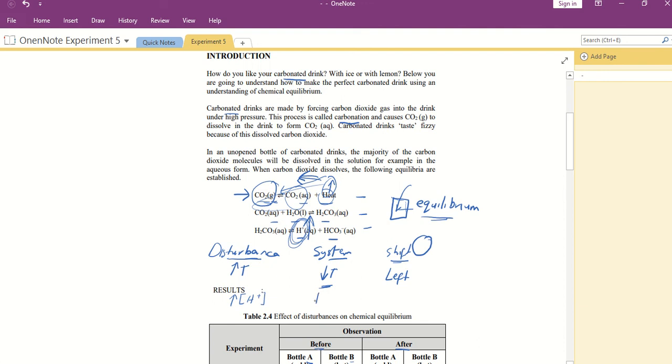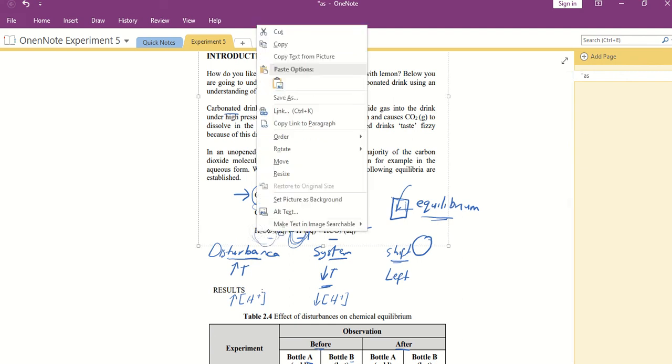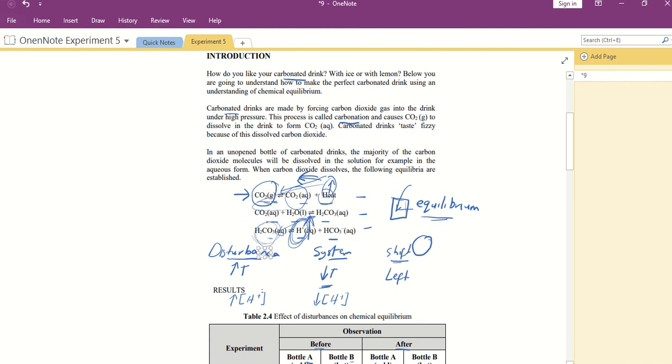So the system will want to decrease back the concentration of H plus. So this side is higher, this side is lower, so it will slide down to the left. What happened is that we will produce carbonic acid. We have high concentration of this thing.